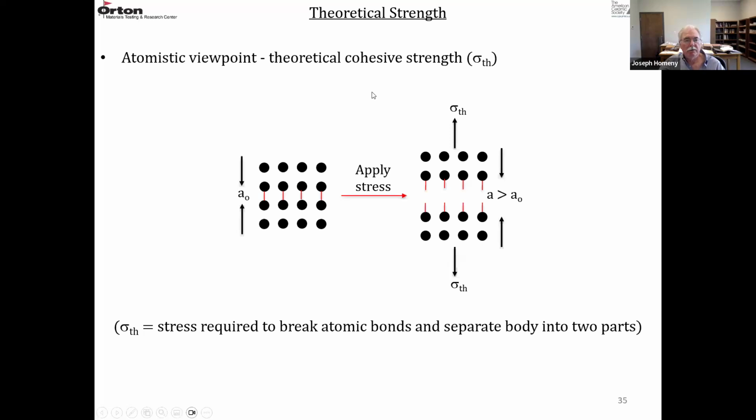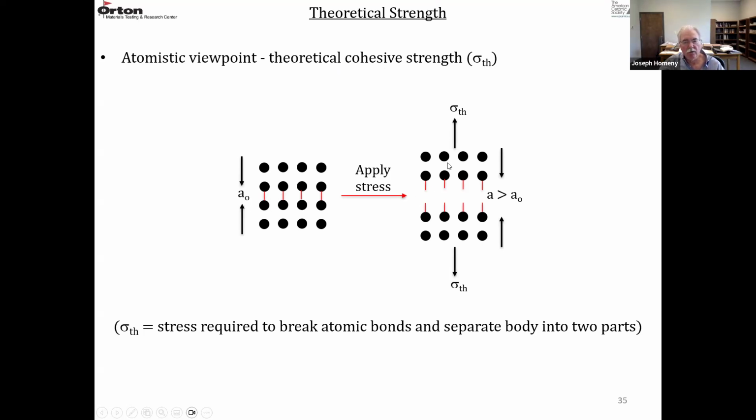So for theoretical strength, this is actually the theoretical cohesive strength of a material, sigma TH for theoretical. So we have a crystalline lattice. The circles are the atoms on the lattice positions. The atomic separation is A0.